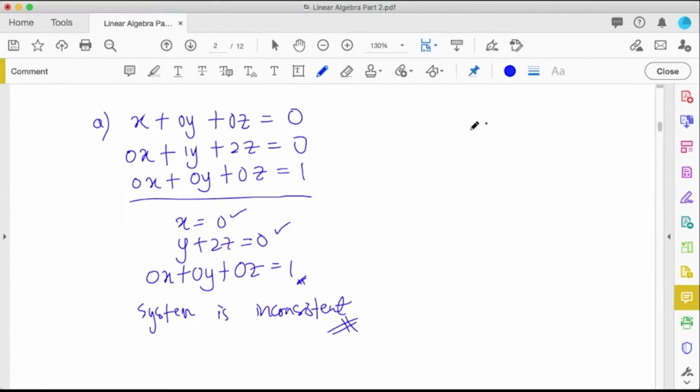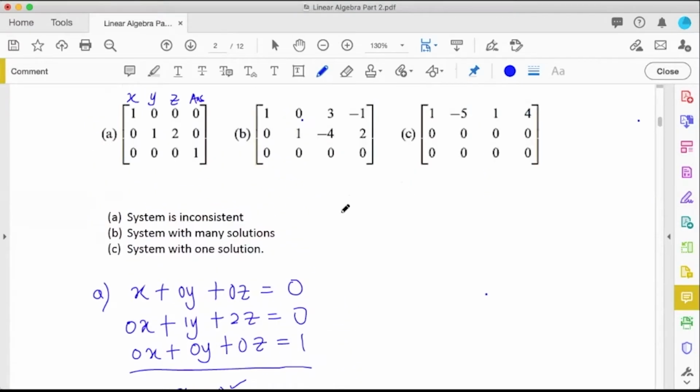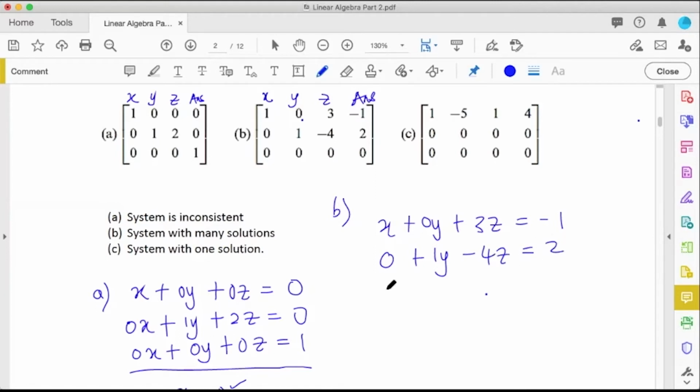So next we look at matrix B. We put matrix B in the form of linear equations. Again, this is our x, y, z, and that is our answer. So we have x plus 0y plus 3z equal to negative 1, 0x plus 1y minus 4z equal to 2, and we have 0x plus 0y plus 0z equal to 0.